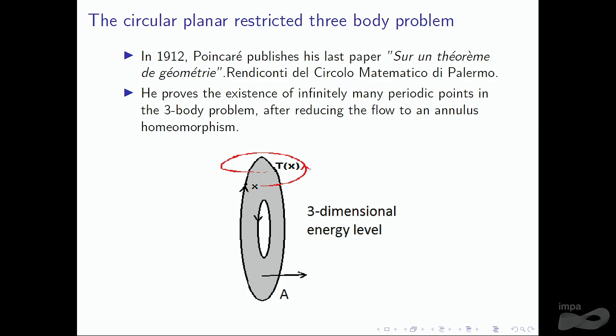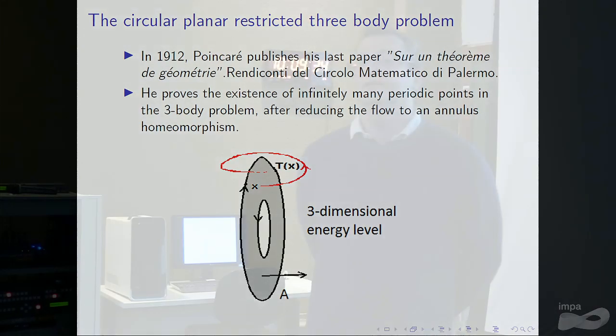Let me say something about the story of this problem. In 1912, Poincaré published that paper there, and he studied the circular planar restricted three-body problem, and he shows the existence of infinitely many periodic orbits there. For that, he uses this Annulus-like global surface of section.